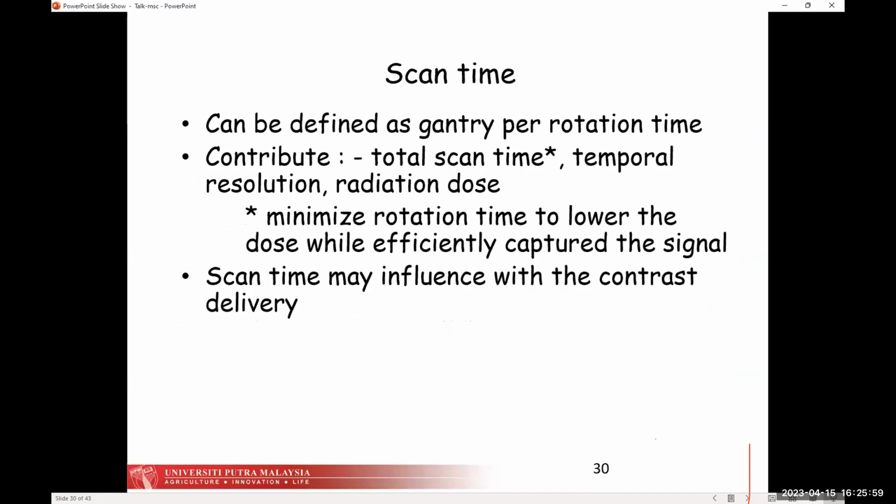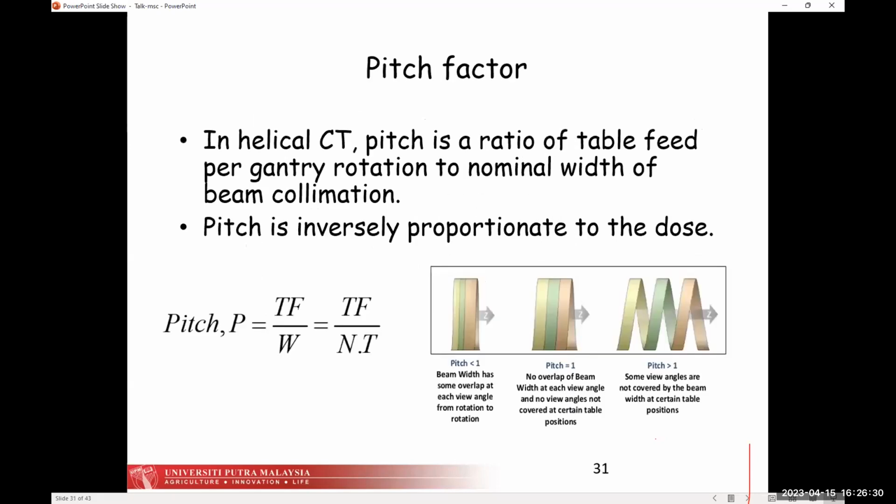Scan time is also considered a primary factor that will influence the CT dosimetry. The total scan time will contribute a higher radiation dose if it is very long, and therefore it is important for us to minimize the rotation time in order to lower the dose while efficiently capturing the signals. Scan time is important because it influences the contrast delivery in CT scan.